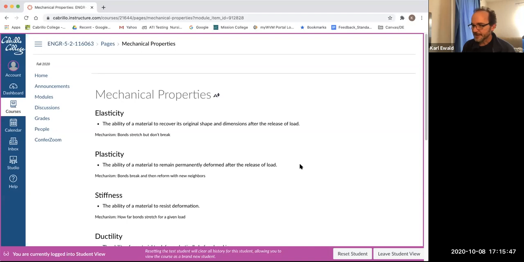Mechanical properties are ways of understanding how the material will respond to a load. So for example, here I have a rubber band. Let's hold it against the wall here. When I put a load on it, which just means in this case I'm stretching it, it will extend itself. It changes its shape. But when I let go of it, it'll return to its shape.